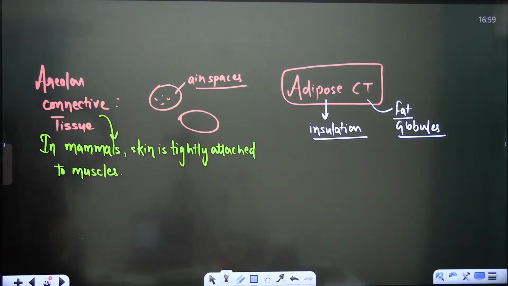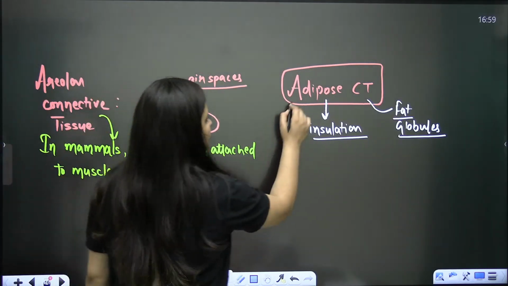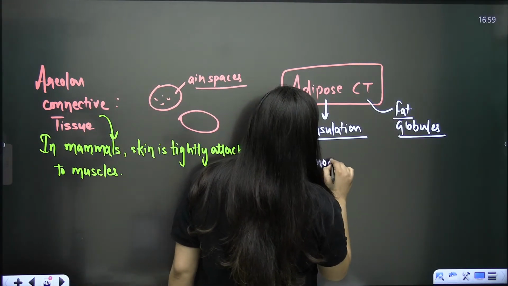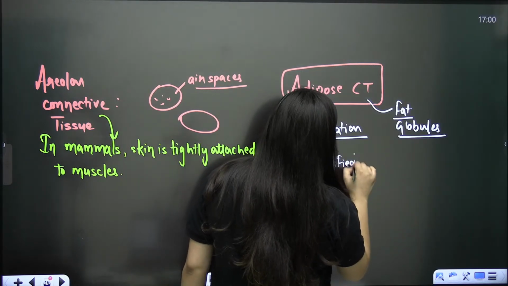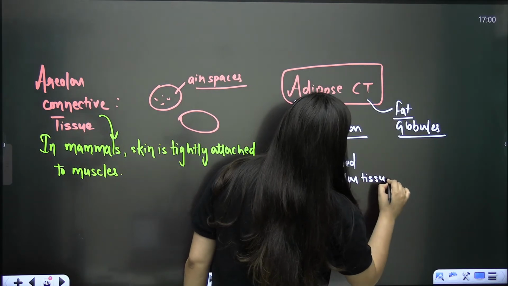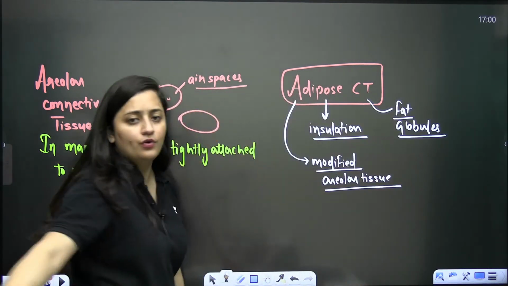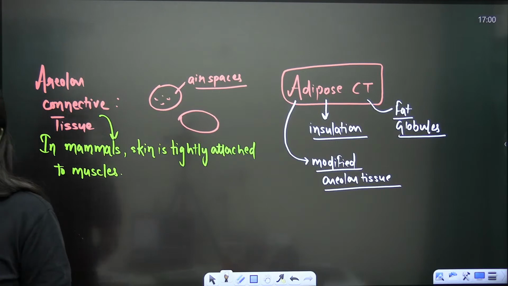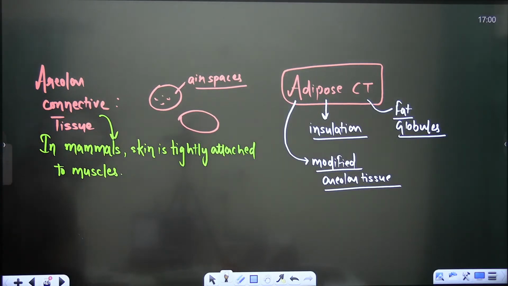Adipose connective tissue is also a modified areolar tissue. As I said, examples are important.